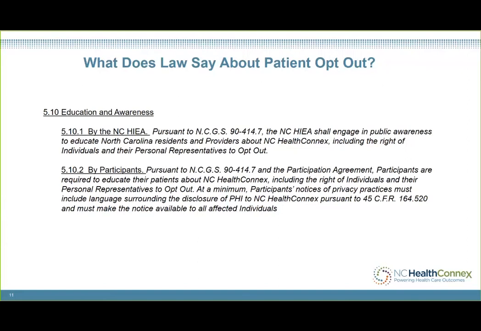And pursuant to the law and the participation agreement, participants are required to educate their patients about NC HealthConnex, including the right of individuals and their personal representatives to opt out. At a minimum, participants' notice of privacy practices must include language surrounding the disclosure of PHI to NC HealthConnex and must make the notice available to all affected individuals.